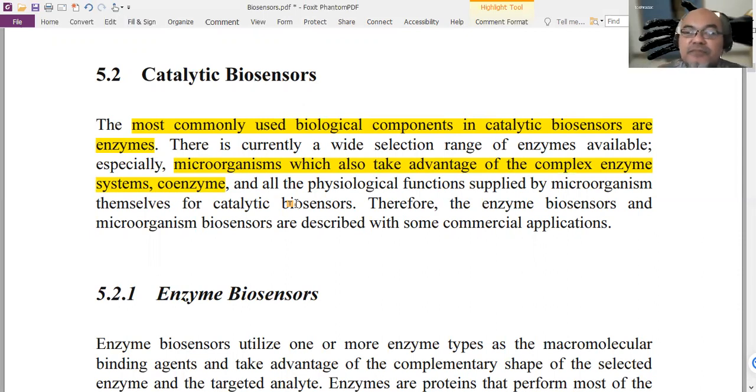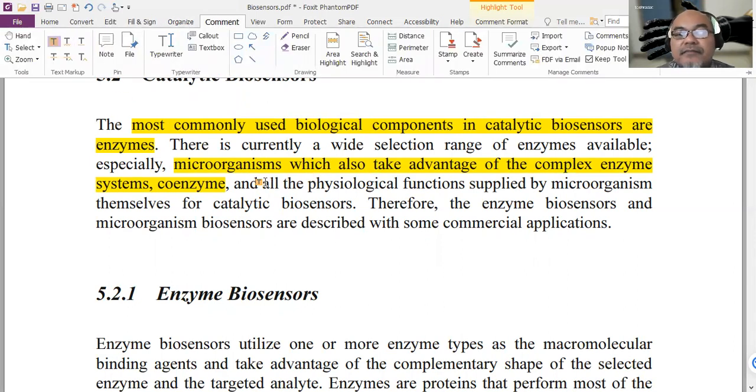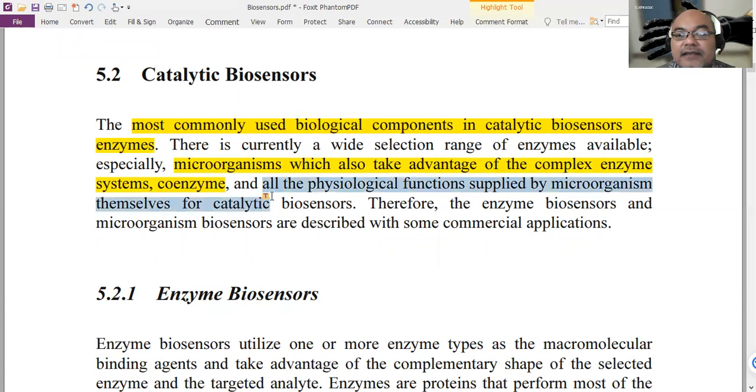And even then we need to do optimization. The drawback, if we do it ourselves, is that the condition in which these enzymes work may not be similar to their natural environment, which is within a microorganism, for example. So that's why many people use the whole bacteria as the bioelement to detect the analyte of interest, which requires the work of a complex multiple-enzyme system or coenzymes.